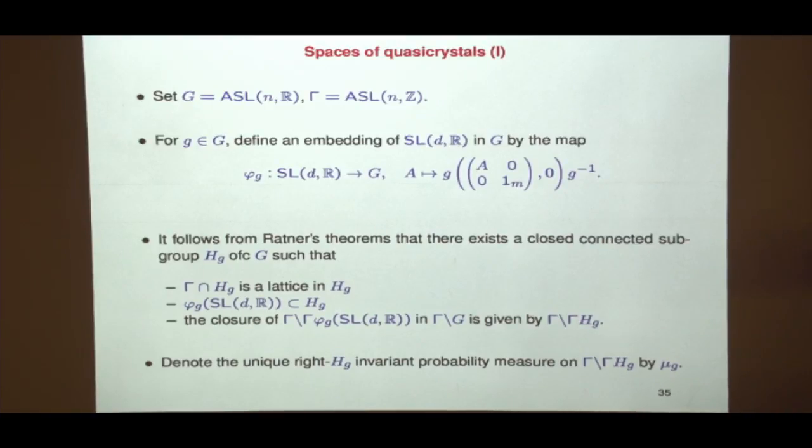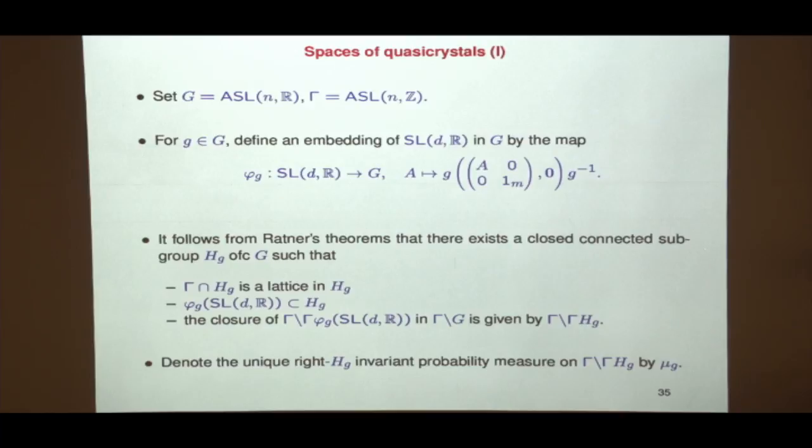Okay? So here's the picture that you have to have. We have our image of SL(d,R) in our big space of lattices. And we look at its closure. And we understand that the closure of the image of SL(d,R), this very thin thing, is a very nice closed submanifold in the big space.